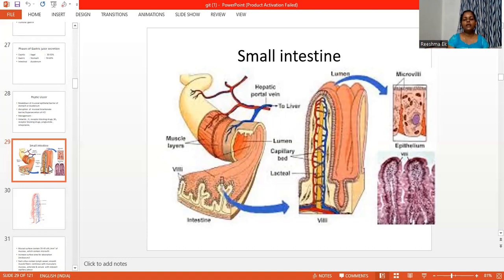One peculiarity of the small intestine is the presence of villi. Villi are the finger-like projections of the mucous membrane of the small intestine. The small intestine produces a digestive juice known as succus entericus.